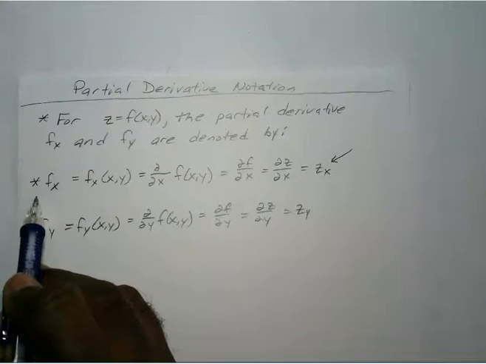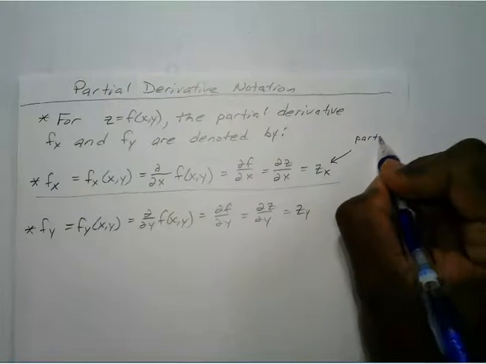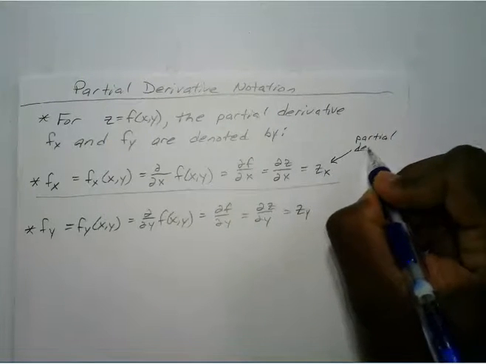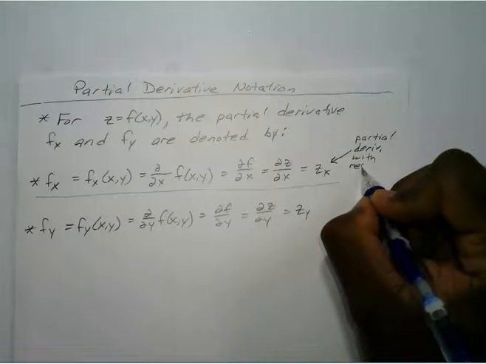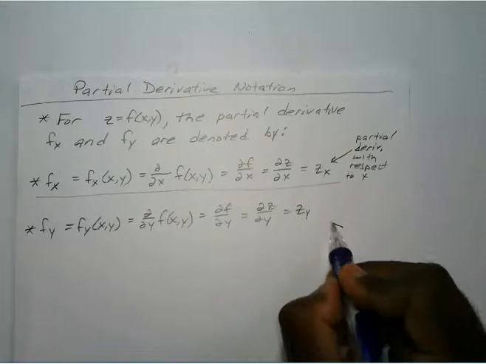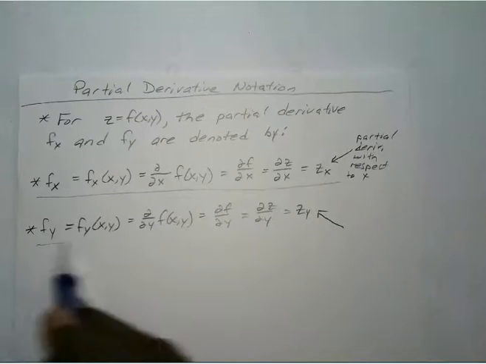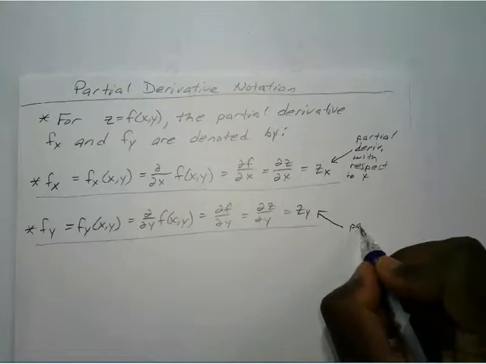This whole row represents partial derivatives with respect to x, and this whole row means the partial derivative with respect to y.